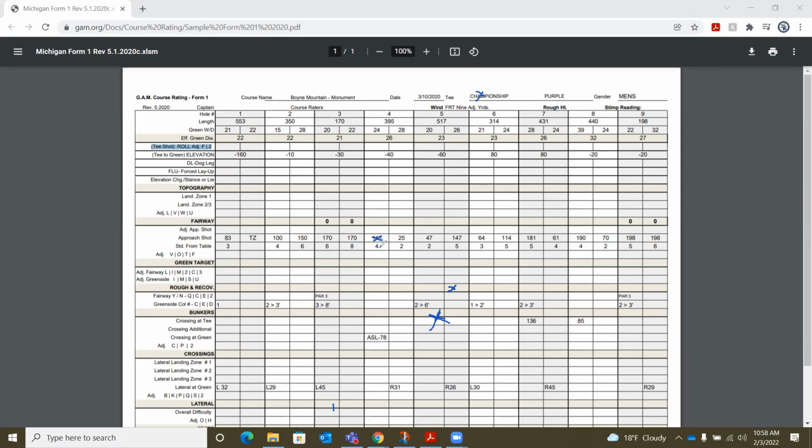So our new approach shot's going to be 168, 145 plus 23. And then under the forced layup here, we're going to write 23 in here.